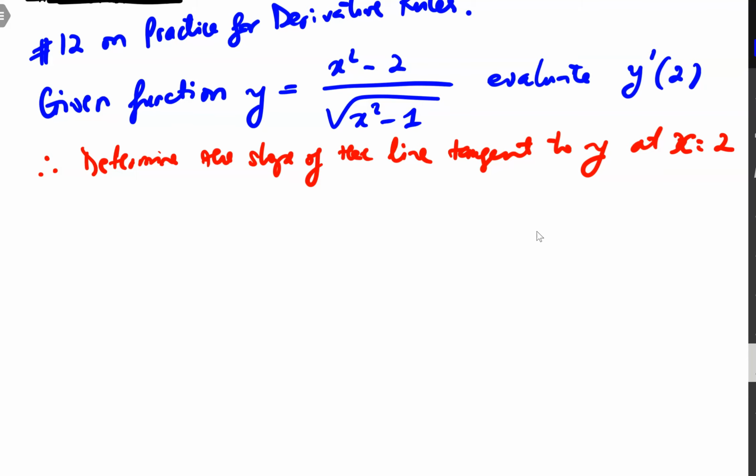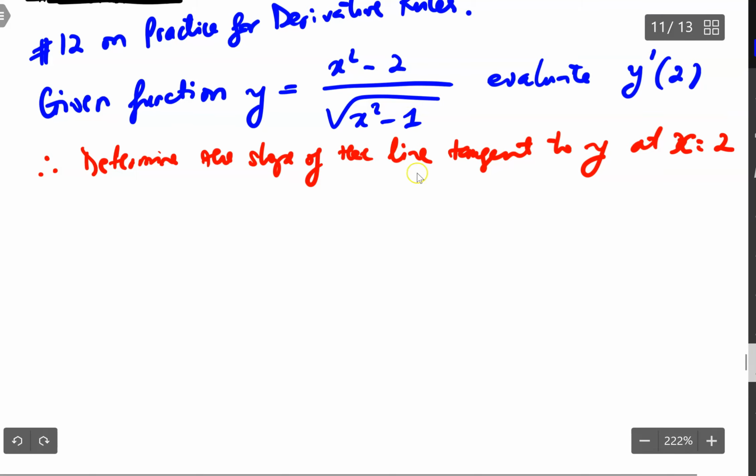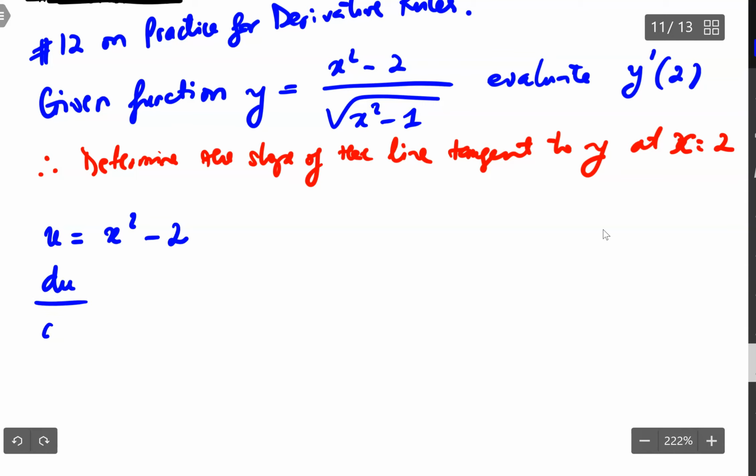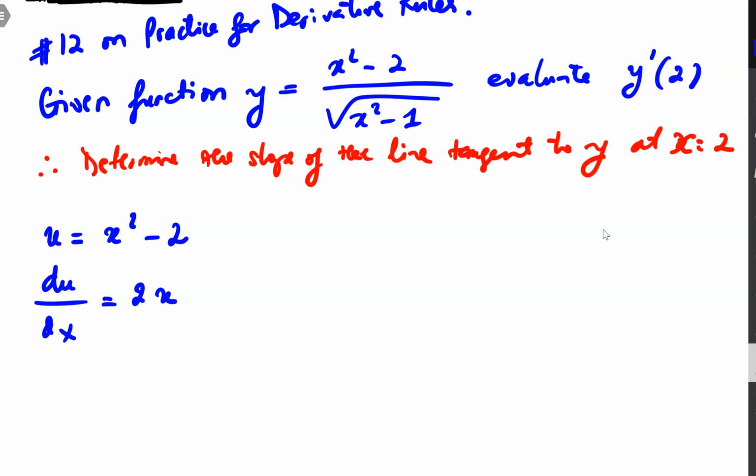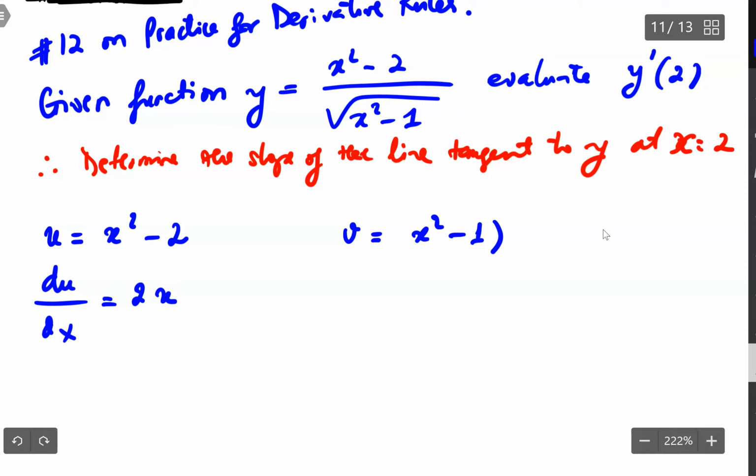I'm not going to bypass and try the product rule, because I just want to make sure that we master the quotient rule. So u will be equal to x squared minus 2, so du over dx will be equal to 2x. So v is x squared minus 1, all of it raised to the exponent a half.